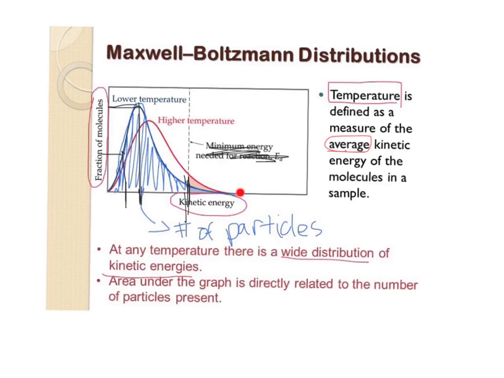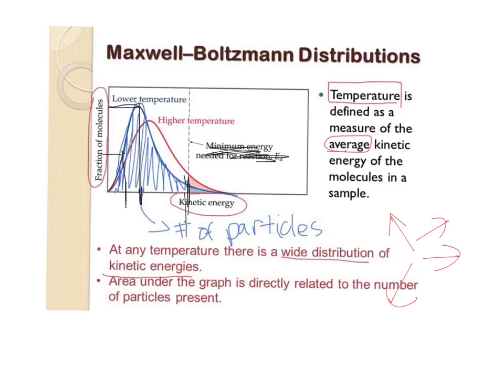So by graphing things this way, it helps us understand how kinetic molecular theory explains why the volume of a gas will increase when the temperature increases. When we increase the temperature, we have more molecules with a higher kinetic energy, so more molecules that are moving faster.